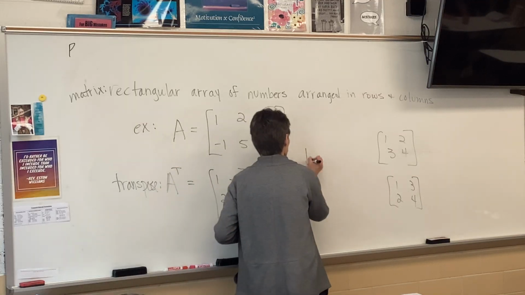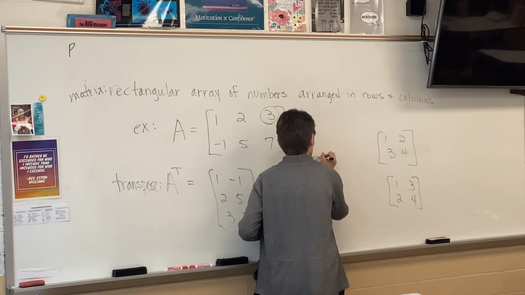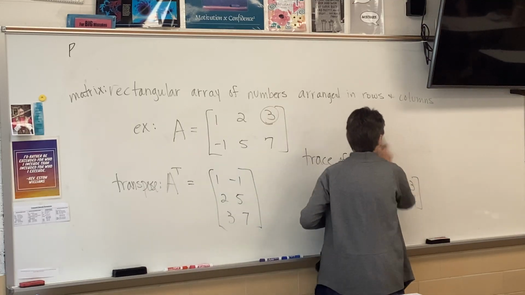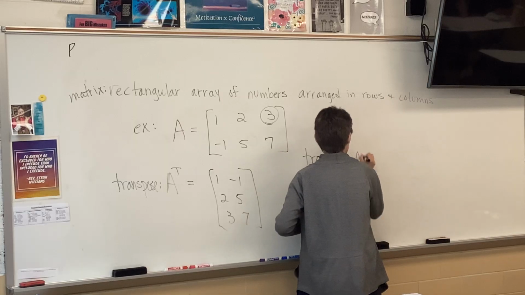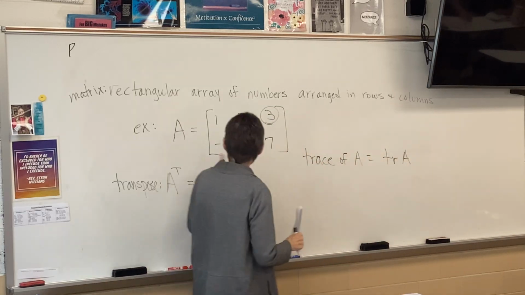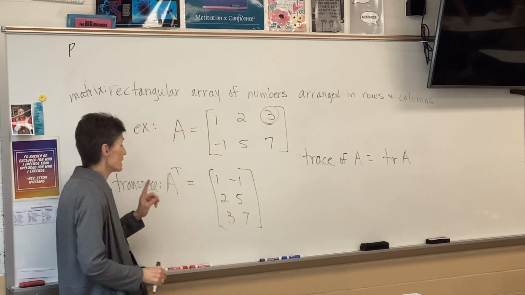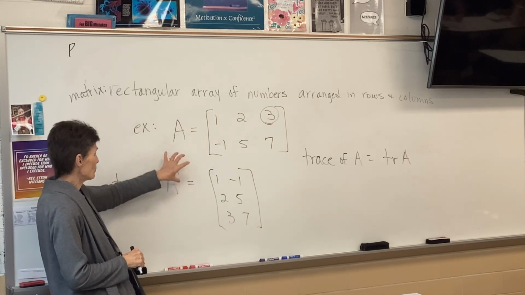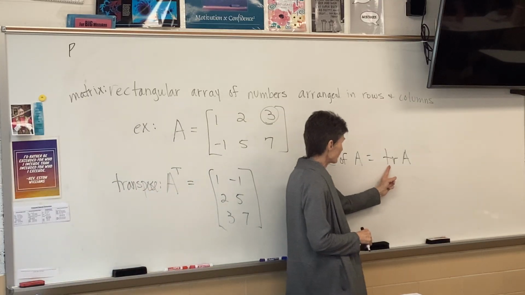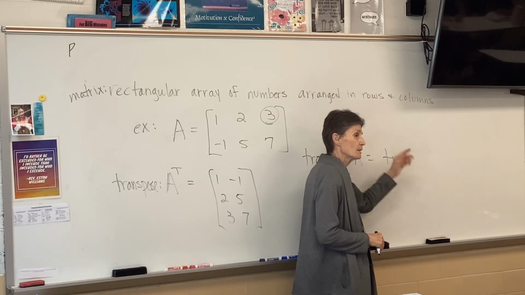Okay, and then the trace. I'll just say the trace of matrix A would be denoted like this. Trace and transpose are very similar words. So remember that transpose is like the exponent type thing. Trace has a little TR out in front of it.